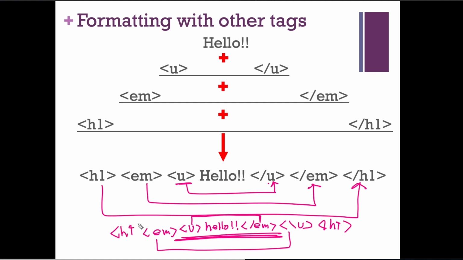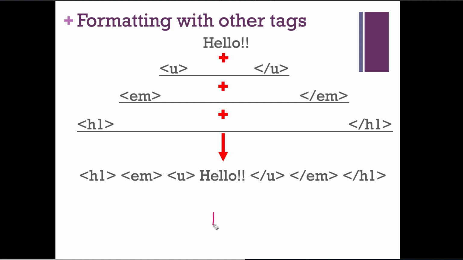In other words, anything like this: hello, and then say U, and then closing U. Doesn't really look like a proper closing. Okay, doing it again. Hello, and U, closing U. This is so much trouble, and this is one of the things that you will see in my test.